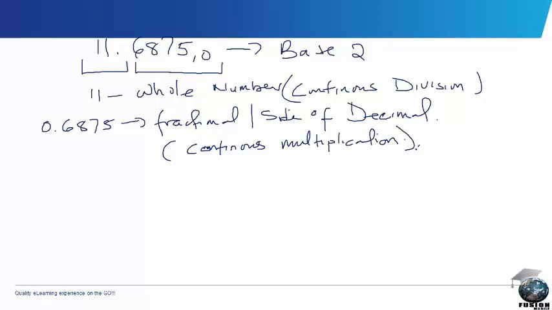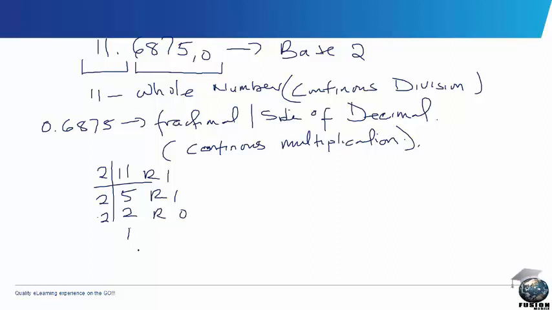Alright, now what we do next is this. In the continuous division we did previously, we can easily do this for 11. Remember, we want to convert to base 2, so 2 will be the divisor. 2 dividing 11 cannot easily go, but 2 can divide 10, and when it does that, it gives you 5, remainder 1. 2 divides 5, it gives you 2, remainder 1, and 2 divides 2, it gives you 1, remainder 0.